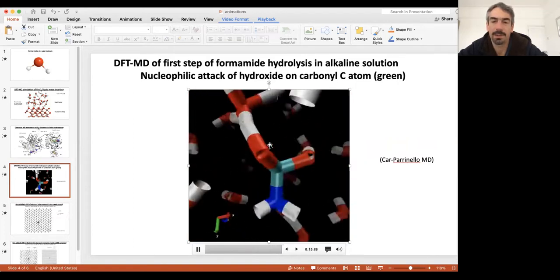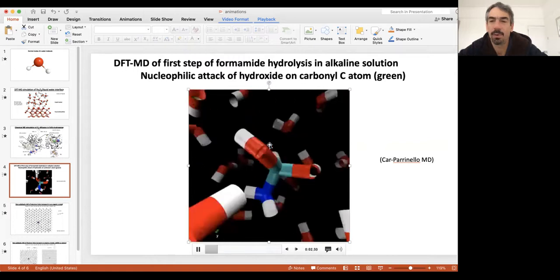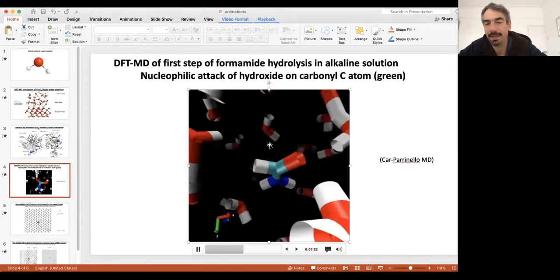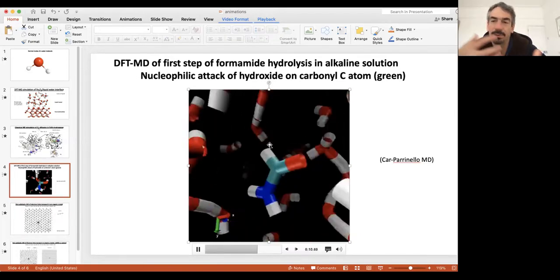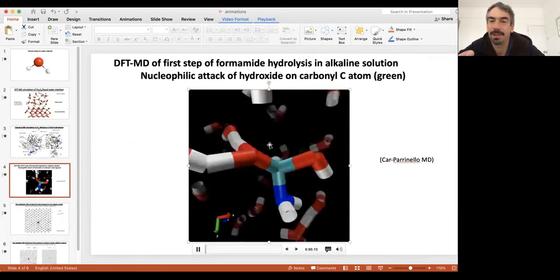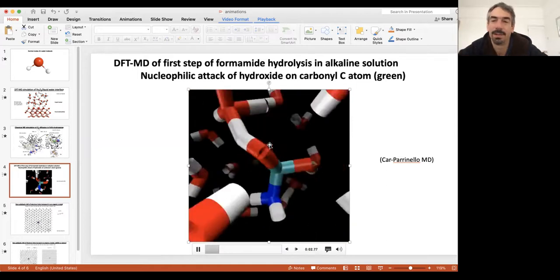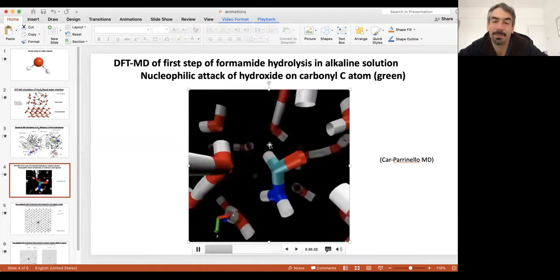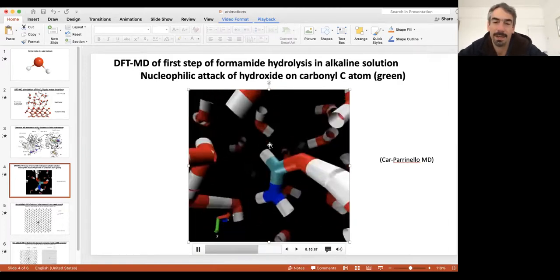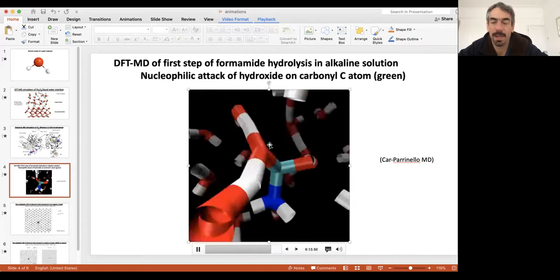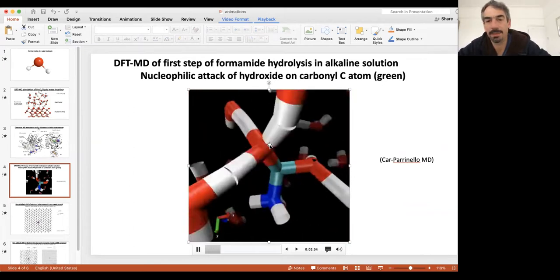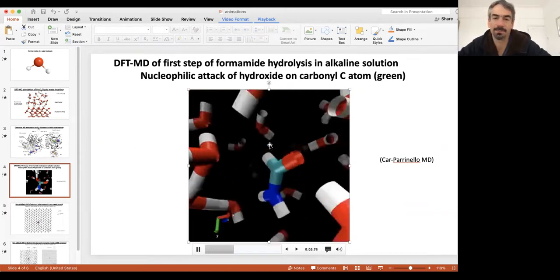There's lots going on, because you have to imagine that the OH minus is very nicely solvated in aqueous solution. In order to attack this molecule, it first has to strip off the molecules that solvate it, right? That requires quite a lot of free energy. This is then partly compensated by the energy that you get by the attack onto that molecule. So this is an approximated Born-Oppenheimer molecular dynamics at around 300 Kelvin.